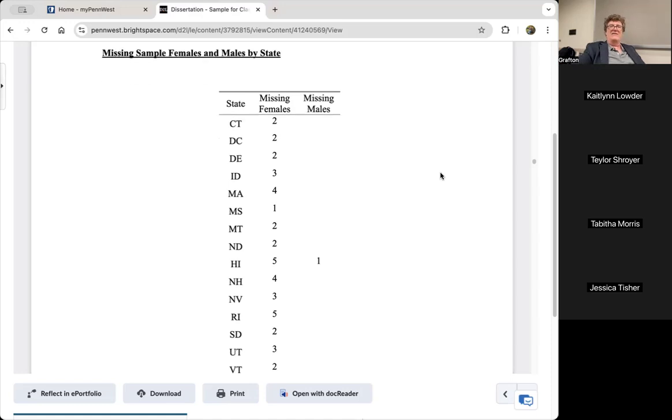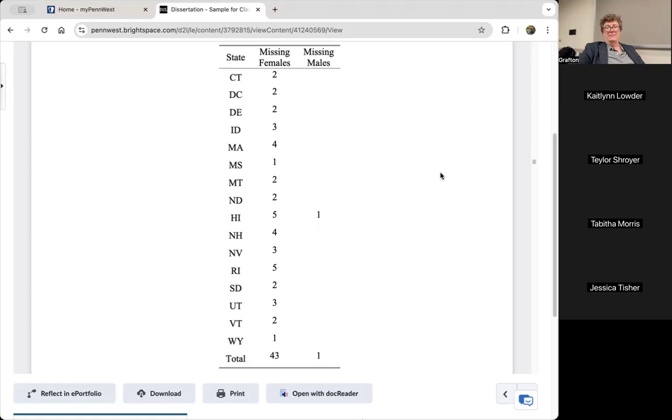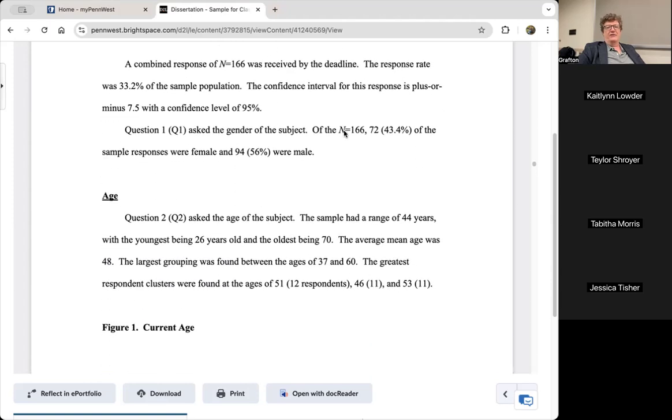So for instance, I have a table that shows how many males and females did not reply by state. So remember, I tried to get 2 males and 2 females for every state in the country for this old study. And interestingly enough, I had a lot more missing females than males in my responses. So I'm not sure why that was, but you know.